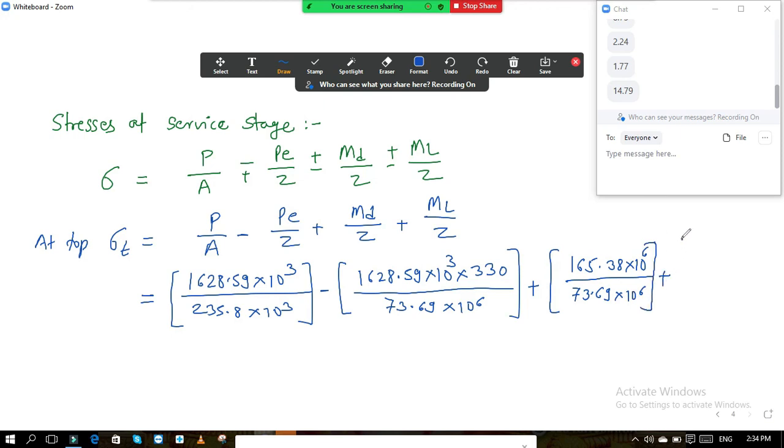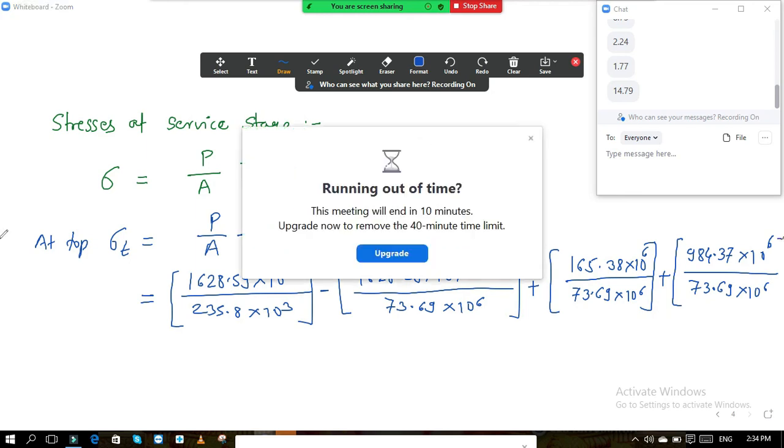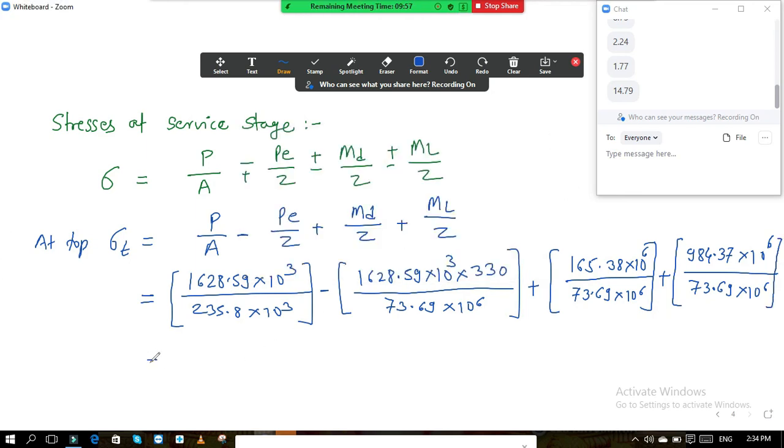And then the last one, live load moment. How much was it? 984 point something 37 into 10 raised to 6 divided by 73.69 into 10 raised to 6. So solve each bracket one by one so that it will be useful for calculating sigma B.